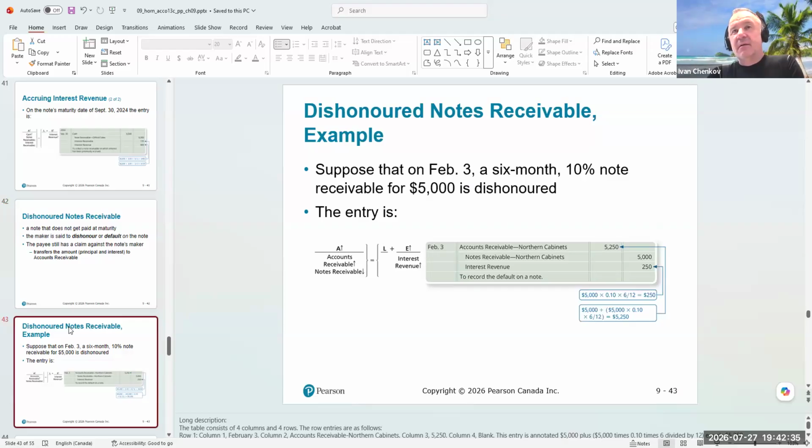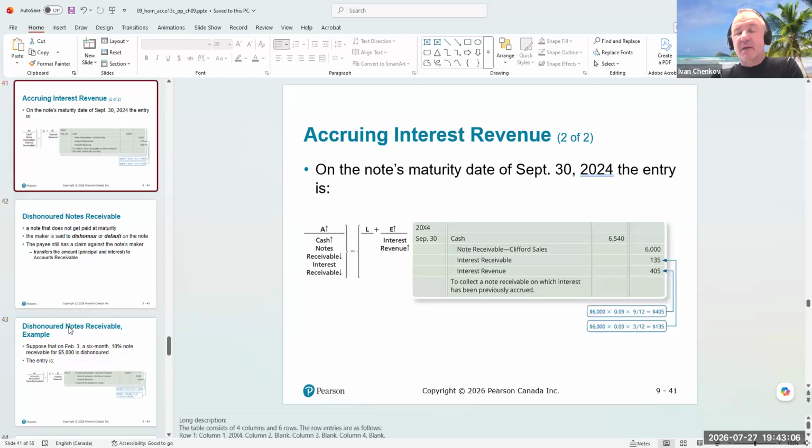Then the note receivable is going to be written off as a credit on this side, and it converts into the accounts receivable. If the note receivable is paid, it converts into cash. Once it is paid, we close the note receivable, and we're going to have interest revenue for the amount of the interest received.